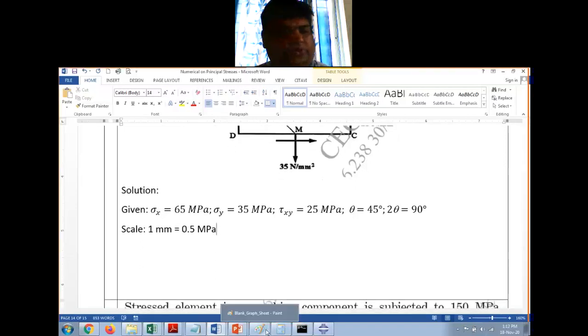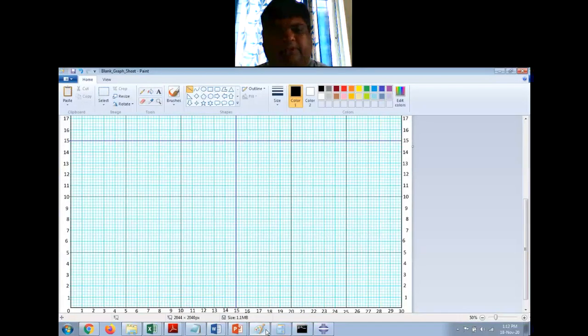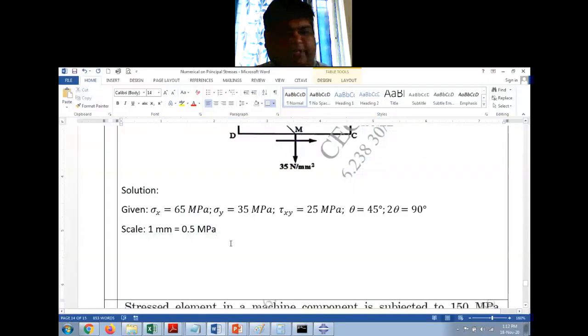So let us go to the graph paper. Please draw along with me. Okay, so roughly I'll try to estimate what will be the diameter of the circle. Shear stress is 25 and angle is 90 degrees.